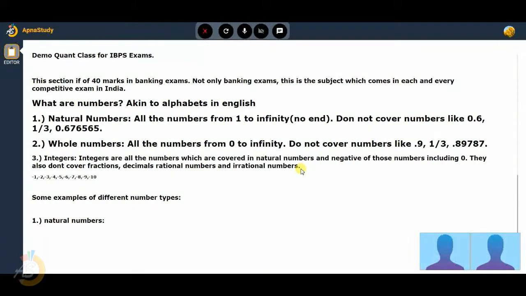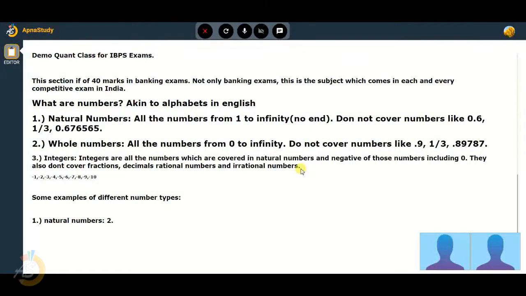So if we have to write natural numbers which are greater than 2 and less than 8. So greater than 2, the next natural number after 2 comes 3. So greater than 2 is 3. Next 4. Next 5. Next 6. Then comes 7. We have to write natural numbers greater than 2 and less than 8. So these are the natural numbers we get. I hope you must have understood what are natural numbers.